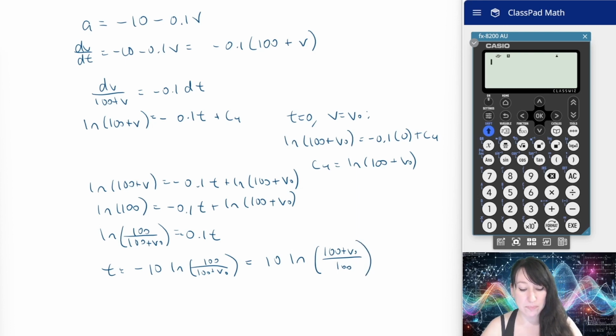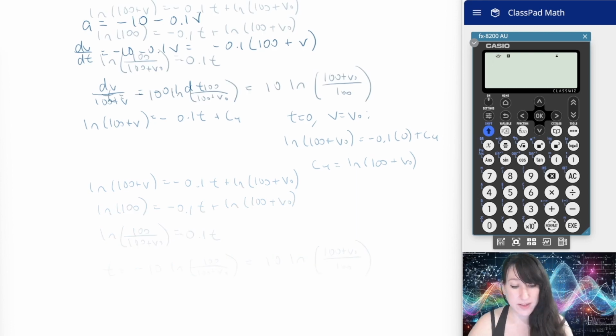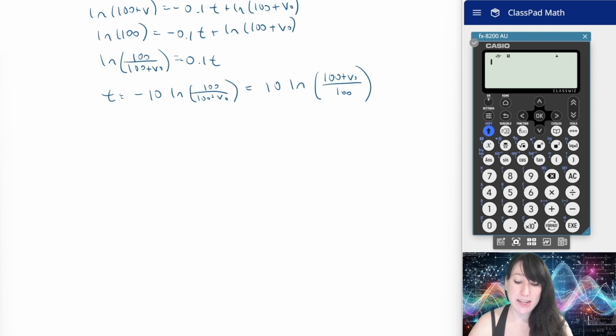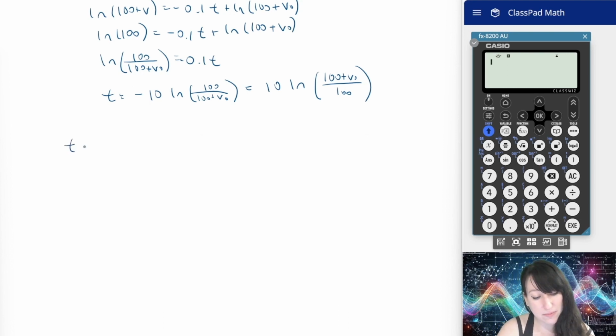So that's the time when it reaches max height. So the time on its downward journey will be 7 minus this time, which is the time of the maximum height. So the time it takes to hit the ground on this downward journey will be 7 minus the time it takes on its upward journey.